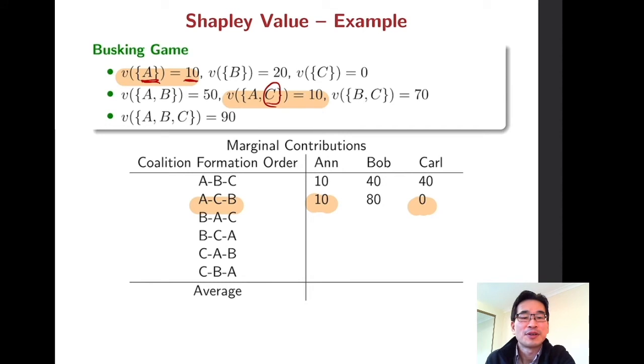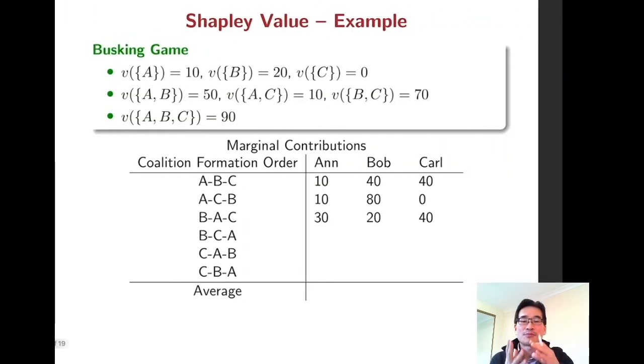So here, C's marginal contribution is 0. And after that, B joins the coalition, and B takes the marginal contribution, the difference between 90 and 10, 80, goes to Bob.